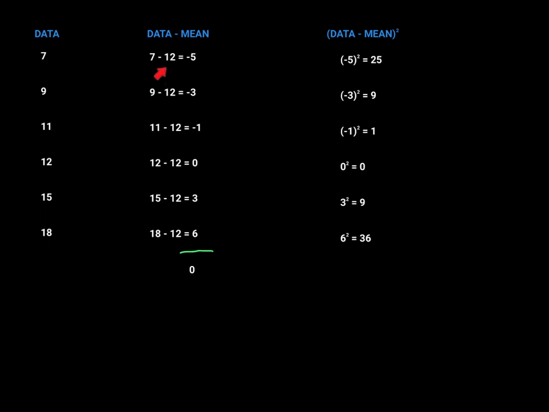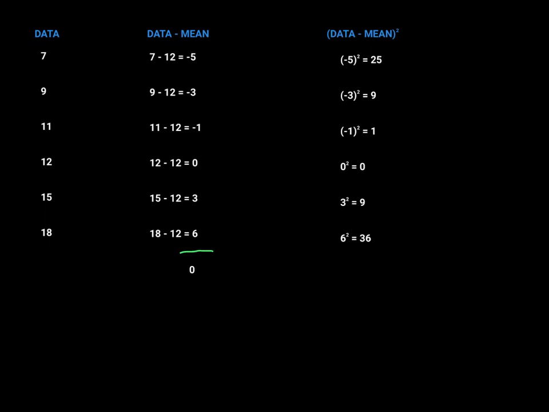If you use an exact value like I did, the mean is exactly 12, then notice that the sum of these differences is 0. So just keep in mind that this sum should be exactly 0, or really, really close to 0 if x bar is an approximation.